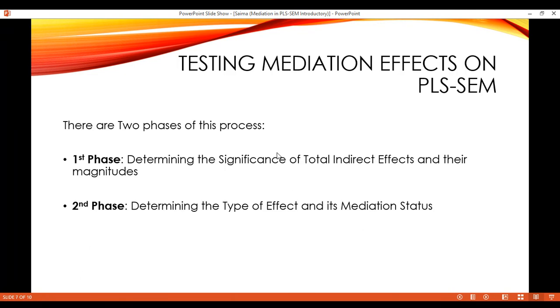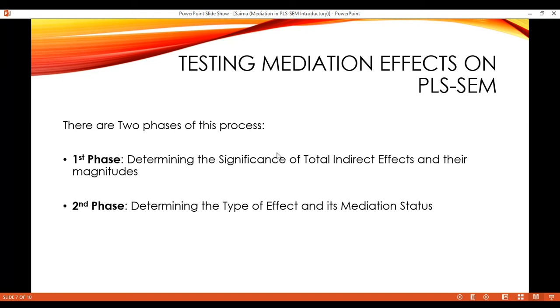How can we test the mediation effects in PLS-SEM? In past literature, there are two phases that describe the testing of mediation effects in PLS-SEM. The first phase is determining the significance of total indirect effects and their magnitudes.